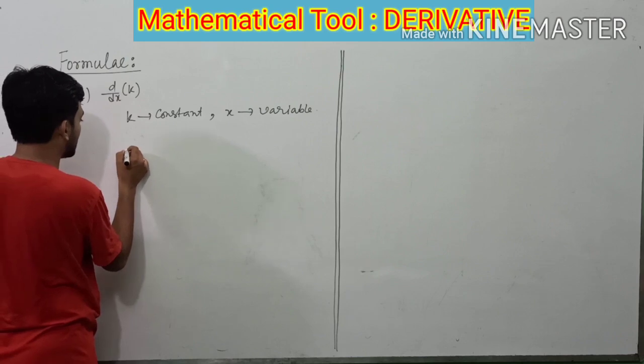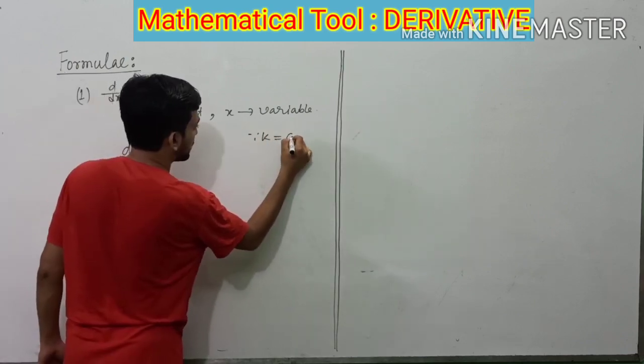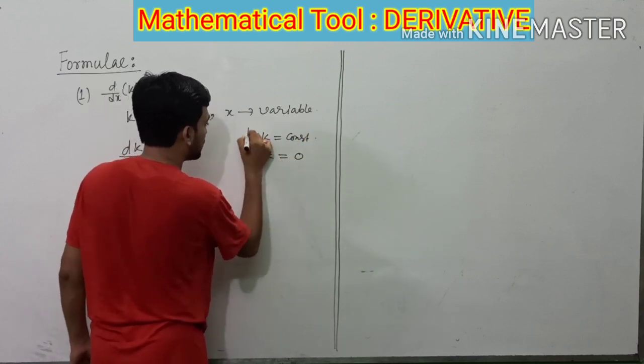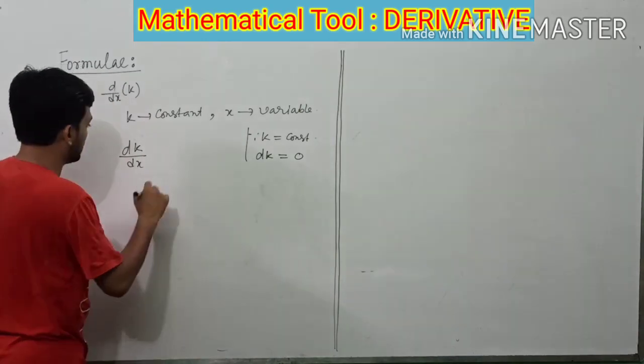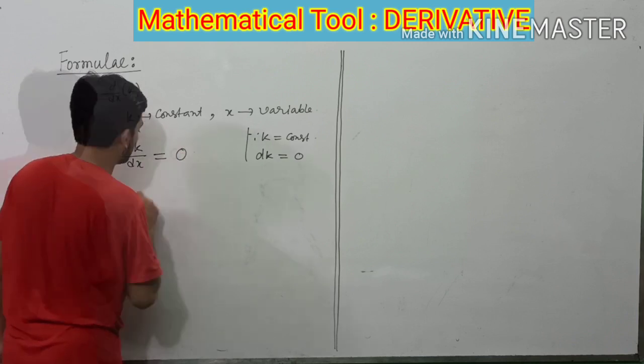This can be written as dk by dx. Since k is a constant, its change dk will be 0, because a constant will not change.